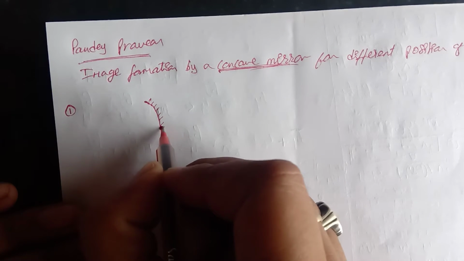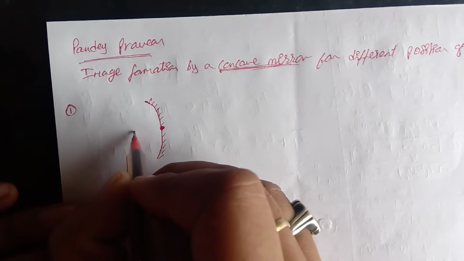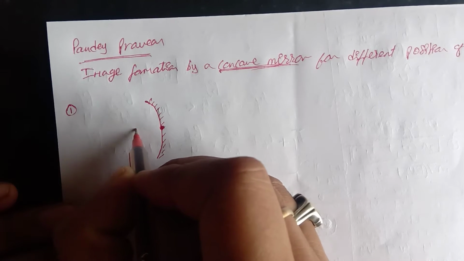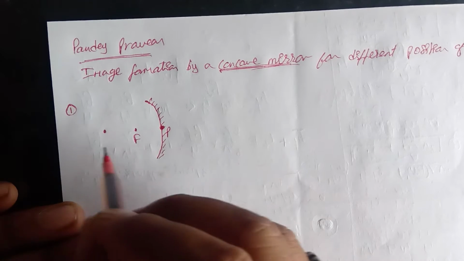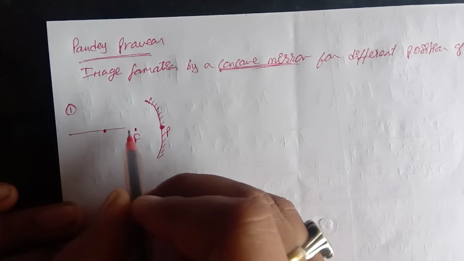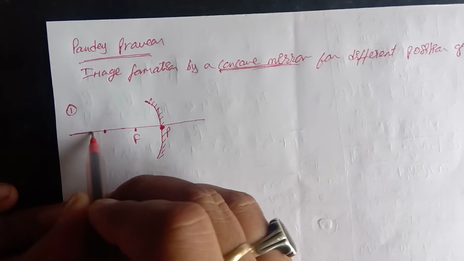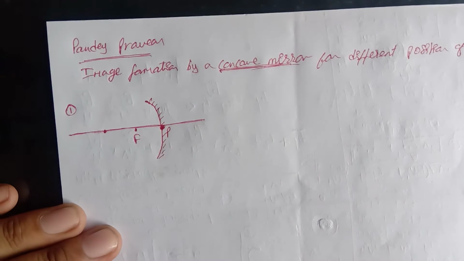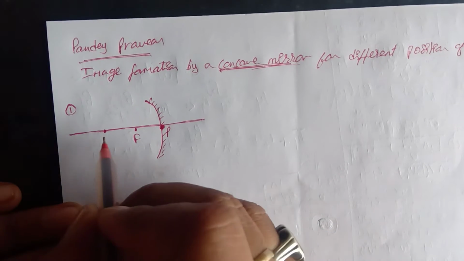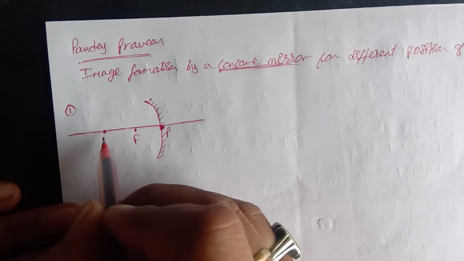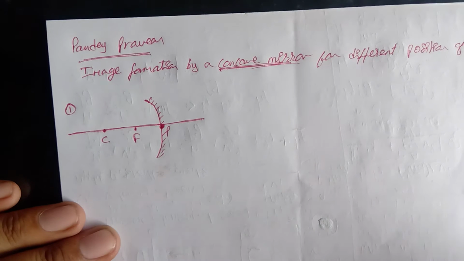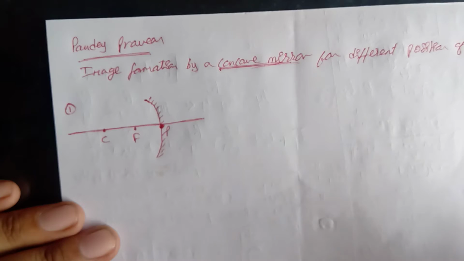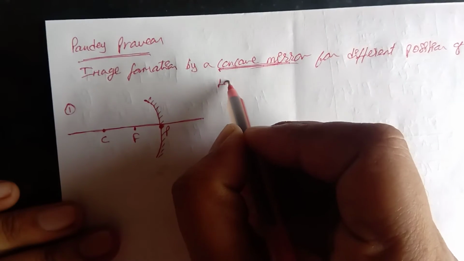And if this is my pole, this is my principal focus F, this is my center of curvature C, and this is my principal axis, which is just an imaginary line. So this principal focus F, pole, center of curvature, they all lie in a straight line.